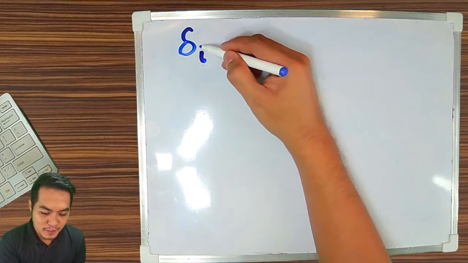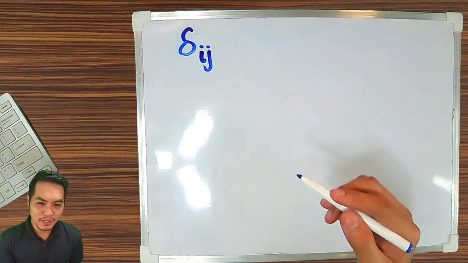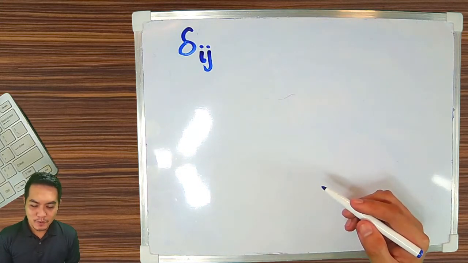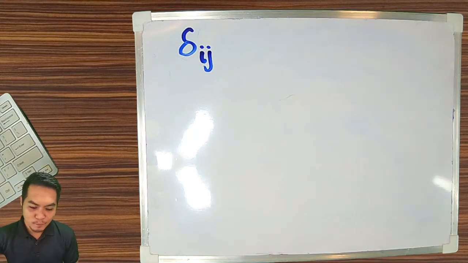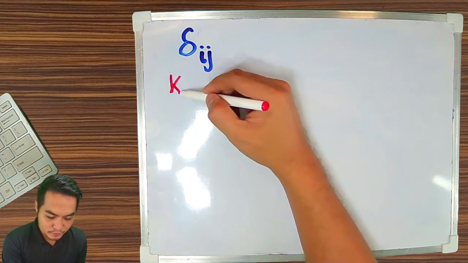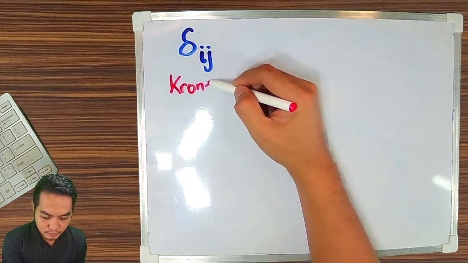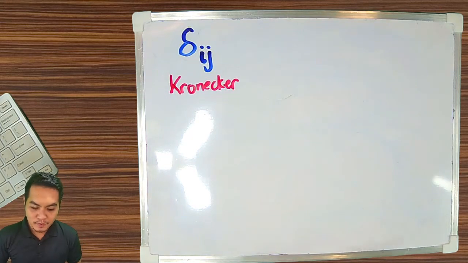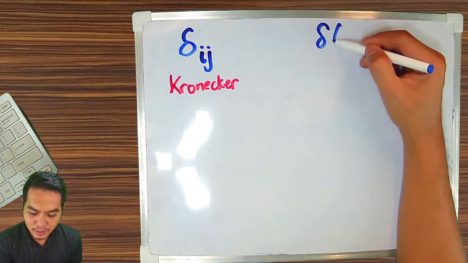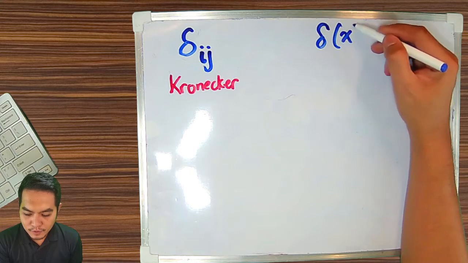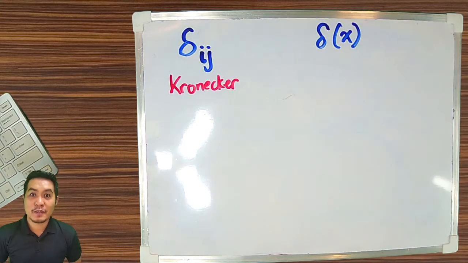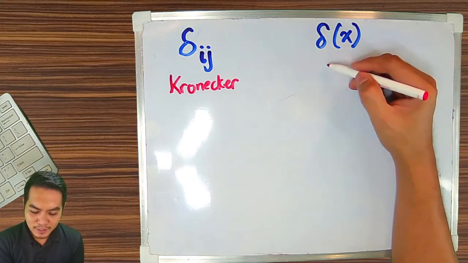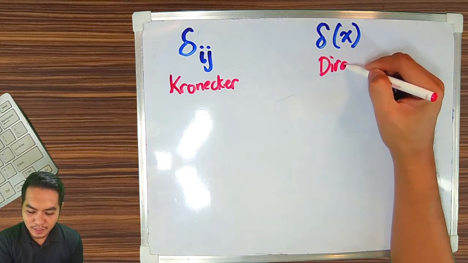If there's a subscript, say delta ij, this is what we call the Kronecker delta. And if your delta function is a function of some variable, say x, then this is what we call the Dirac delta.